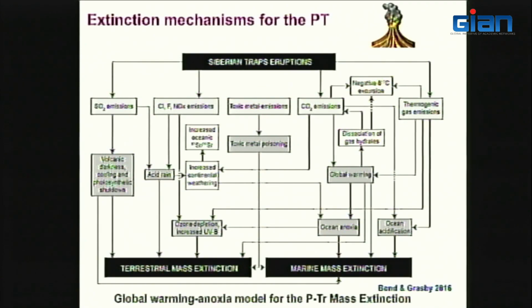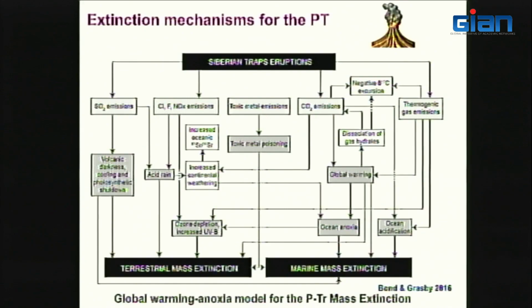And this shutdown could be accelerated by acid rain. And also this kind of emission may partly destroy the ozone layer and increase the UV radiation. And all these things may create the terrestrial mass extinction, especially for the plants, okay? So I think it's a quite convincing explanation.